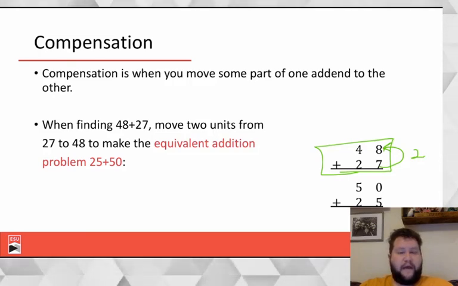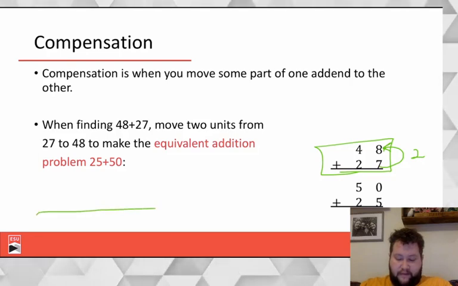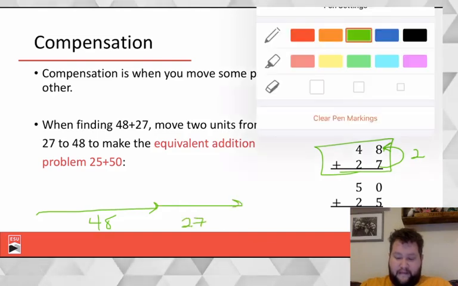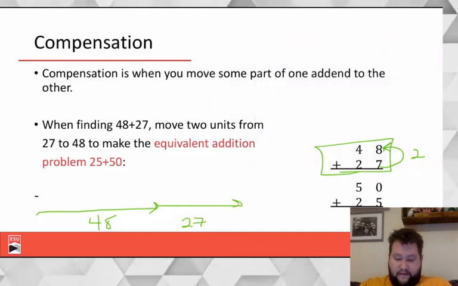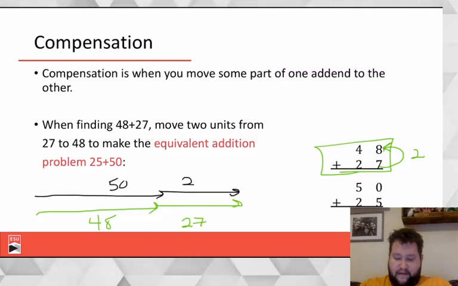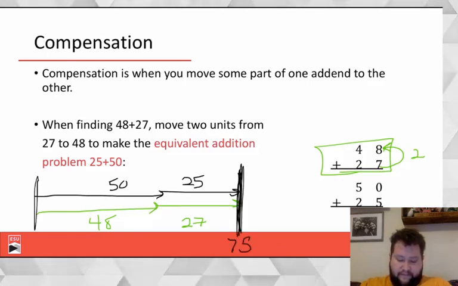And it's like, well, why can we do that? Well, think about if we have a number line, 48, 27. It doesn't matter if I instead do 50 and 25. In both cases, I'm going to end at 75. Right?